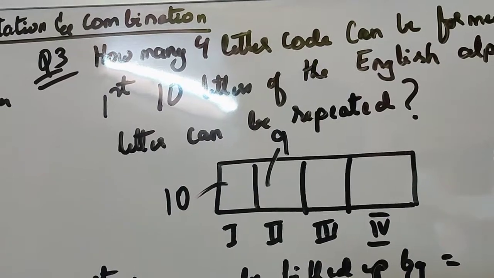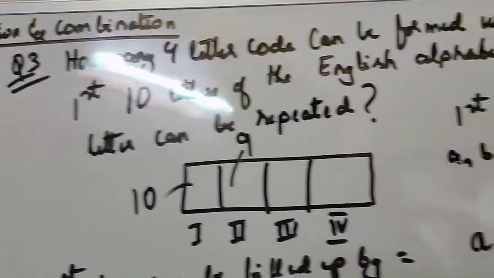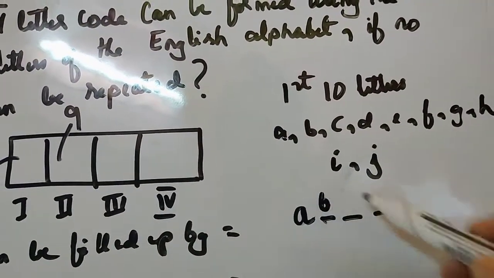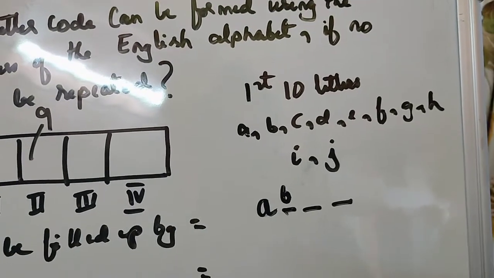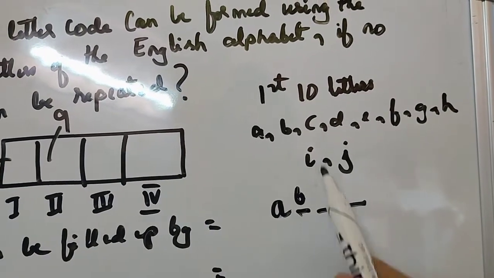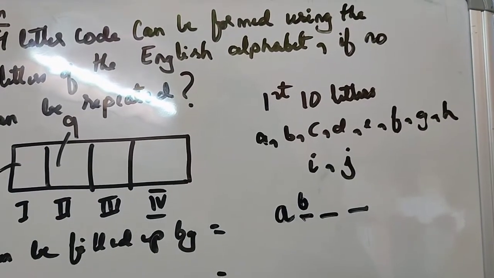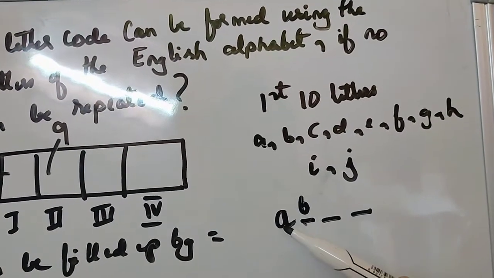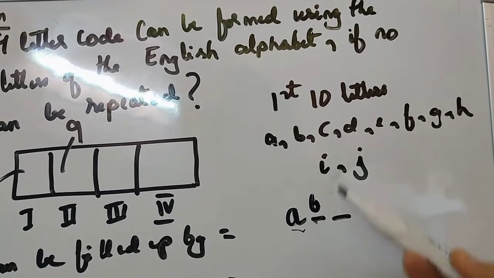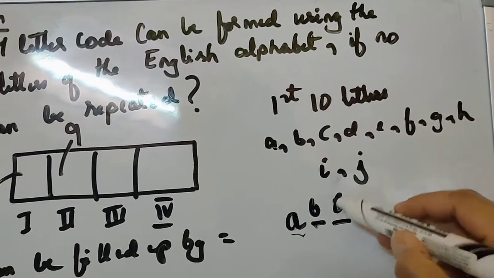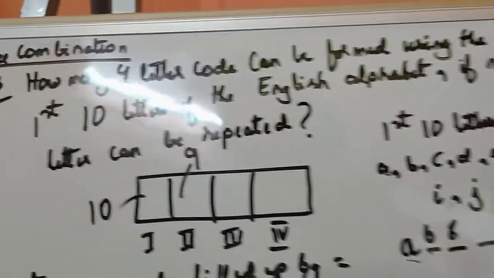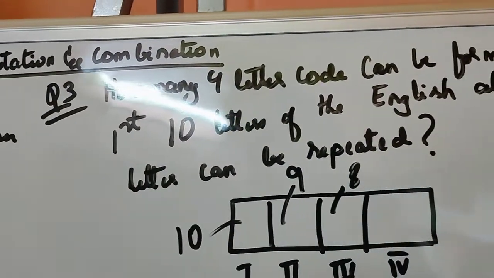Similarly in the third place, suppose I have used B. Then in the third place I will be left with only 8 letters. If I take A here and B here, I will be left with only 8 letters, so 8 ways.